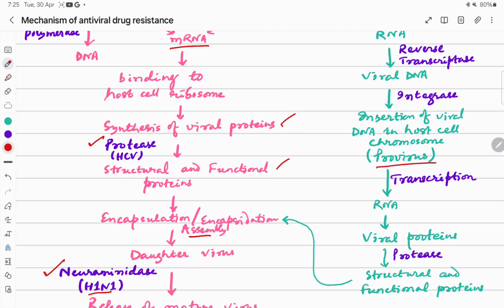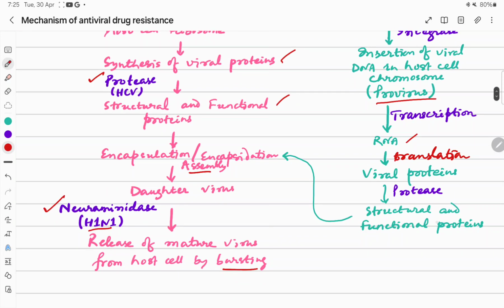So we call it the provirus. Then that provirus undergoes transcription to form the RNA, and then by translation there will be viral proteins. And these viral proteins, by the action of protease, are converted to the structural and functional proteins, which undergo assembly, packaging, and finally the daughter viruses are released.